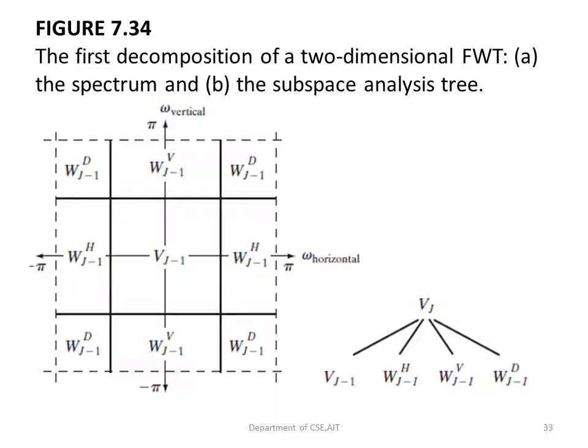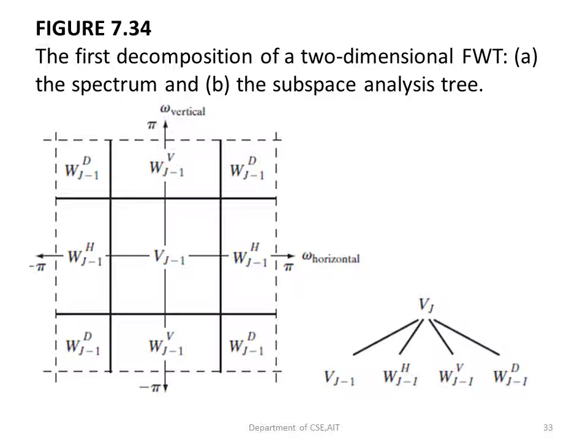This picture gives the first decomposition of the two-dimensional fast wavelet transform. Here we have the spectrum and then the subspace analysis tree. The spectrum is divided in the horizontal direction and the vertical direction, as we can see over here, and on the diagonal also.